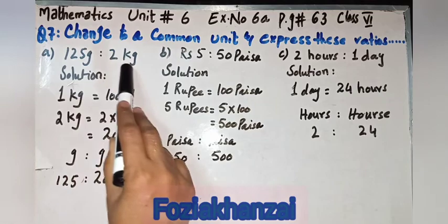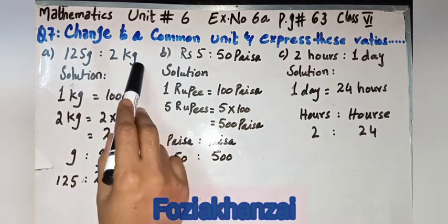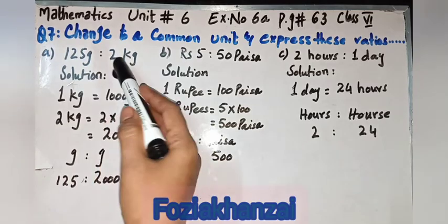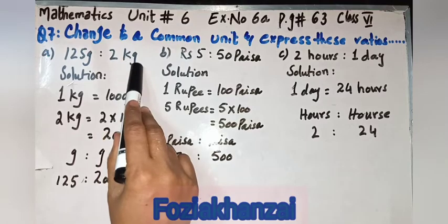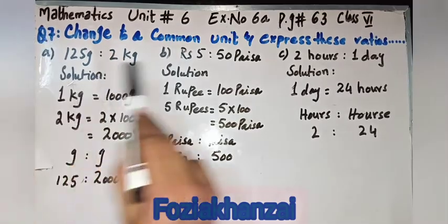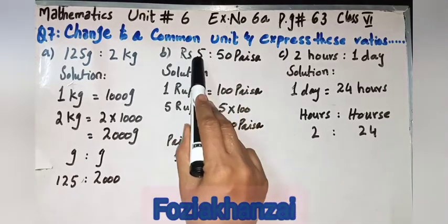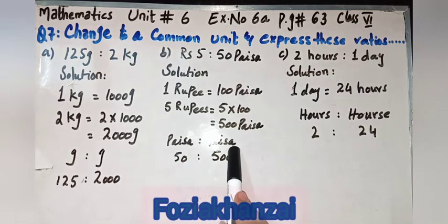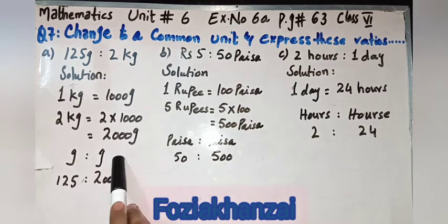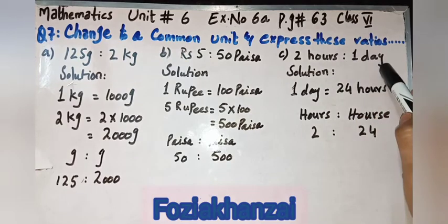125 grams and kilograms. We have different quantities, so for the solution we convert kilograms into grams, same like 5 rupees and 50 paisa. So rupees convert into paisa, so we have paisa on both sides and grams on both sides. Now in the third part, 2 hours and 1 day are given in the question.